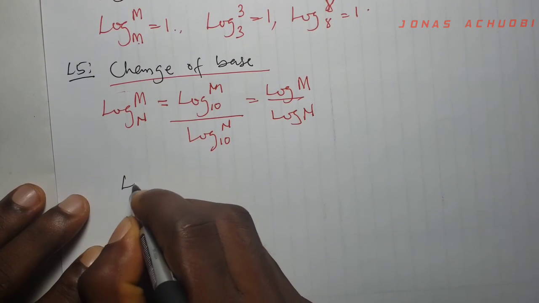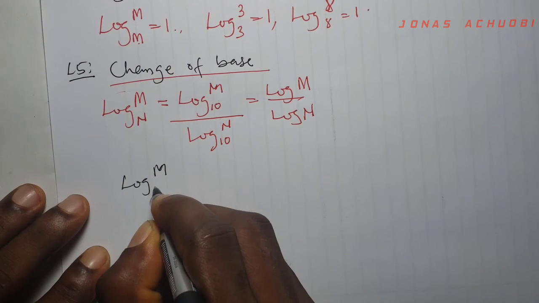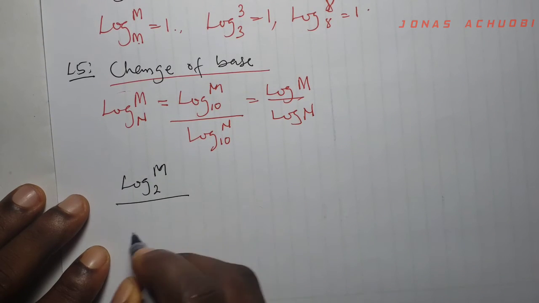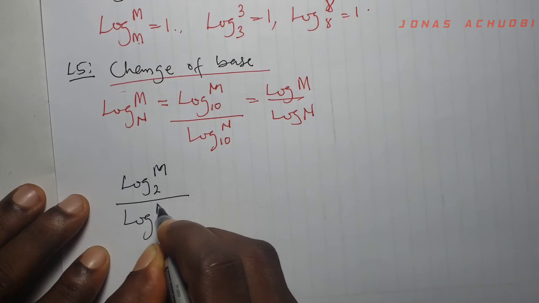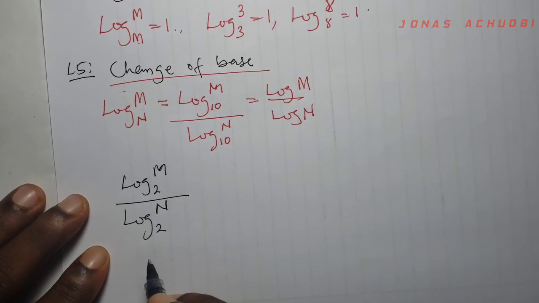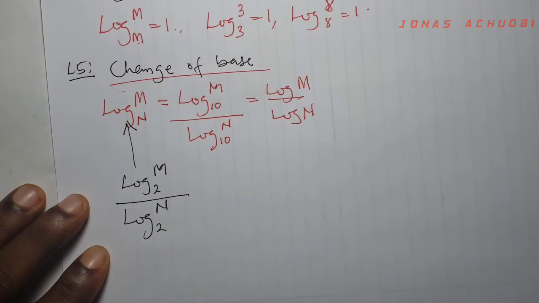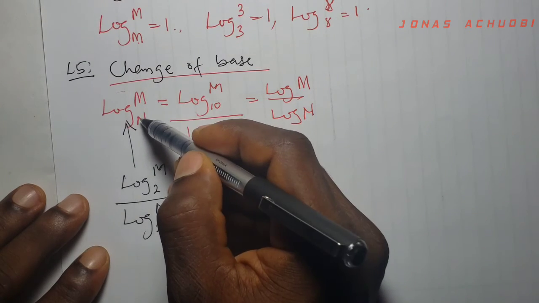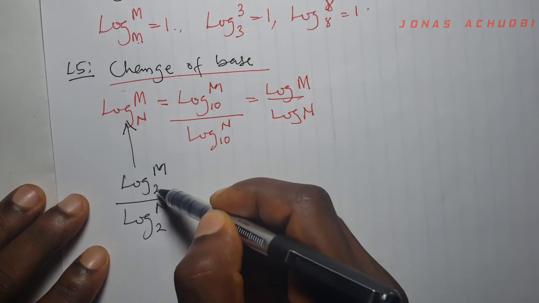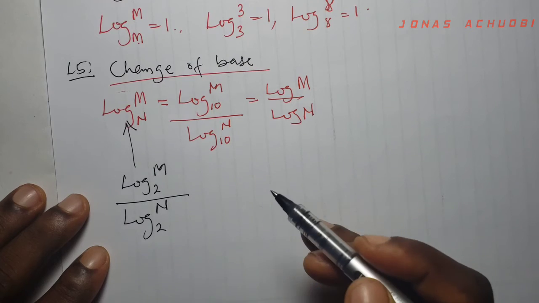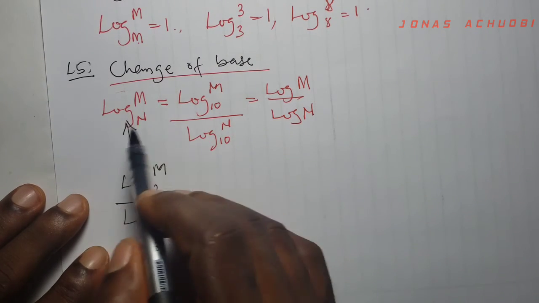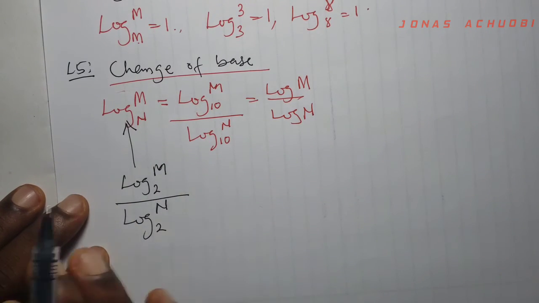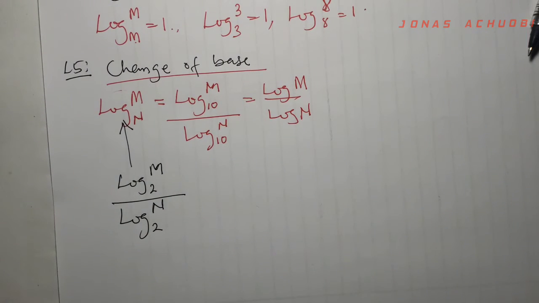It will simply be the log of m in your new base 2 divided by the log of n in your new base 2. These two things you see here are the same. So the log of m base n is the same as the log of m in base 2 divided by the log of n in base 2. So you can change base from one base to any other base of your choice.